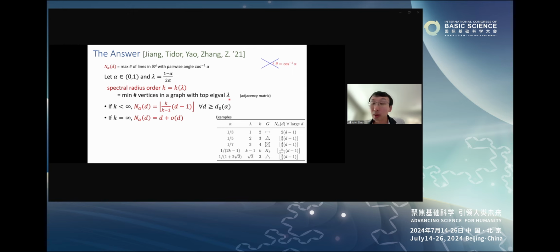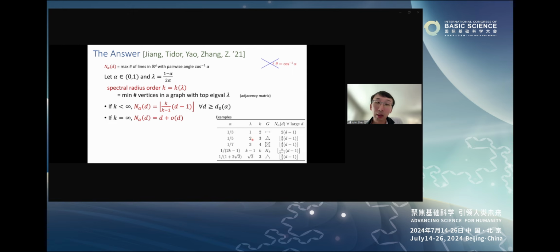Okay, so how to think about this? So you're given this value lambda, and you look through all the graphs in the world, enumerated by their size. And for each one of them, you write down its adjacency matrix and check its eigenvalues and check its largest eigenvalue and ask yourself, is this number lambda? The first time you see lambda, you stop this process and record the number of vertices. Okay, so for example, when lambda is 2, so here are just some examples in the chart.